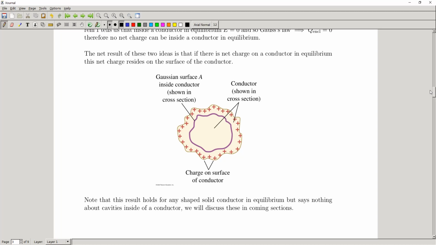Let's note that this result will hold for solid shaped conductors in equilibrium, but it doesn't say anything about cavities inside our conductor.